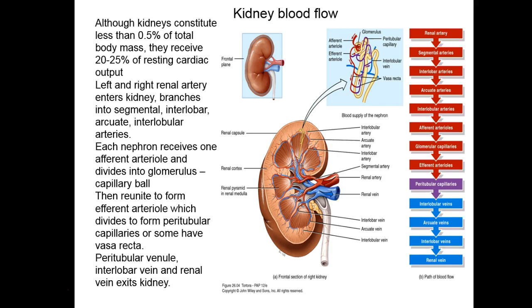Each nephron, and the nephron is the functional unit of the kidney, receives one afferent arteriole, one passageway in, which divides into the capillary tufts of the glomerulus, and then they reunite and form the efferent arteriole, which then divides into the peritubular capillaries. Those are capillaries surrounding the tube system of the nephron, which is how it gets its name.